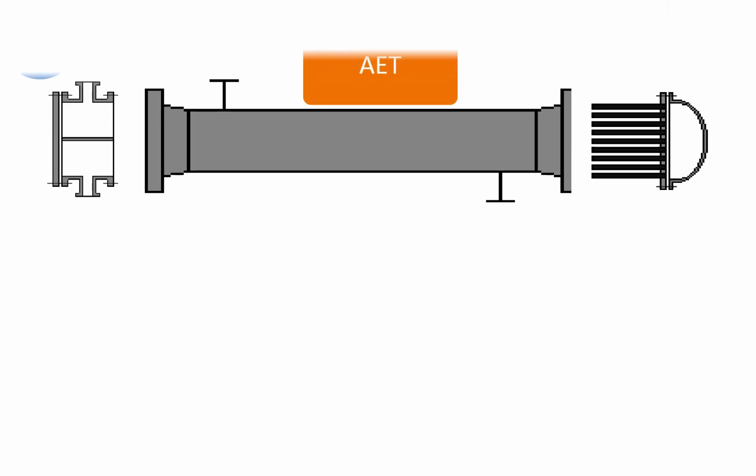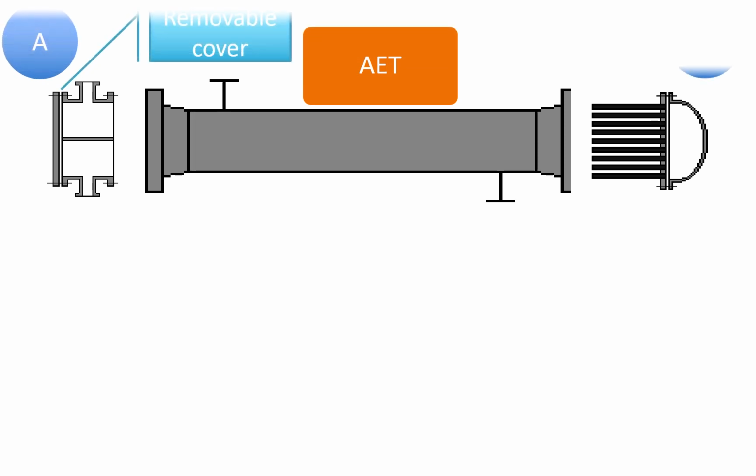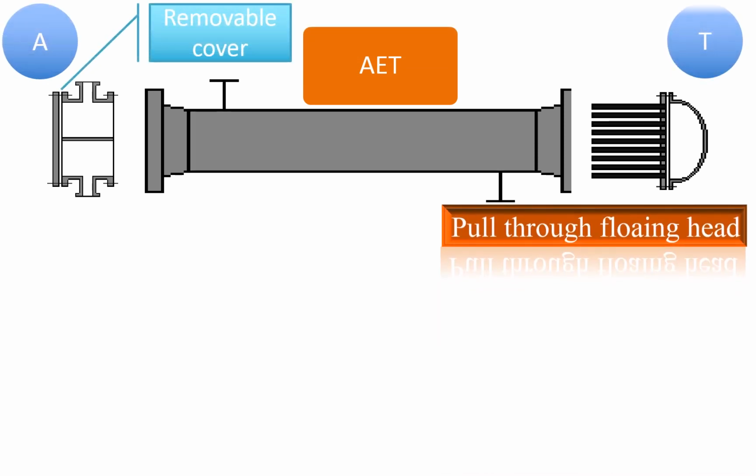Floating heads are important types of heat exchangers in refineries and petrochemical plants for fouling services. When fouling is possible on both tube side and shell side, floating heads are generally preferred. Here you can see two types of heat exchangers shown. Shown at the top is the AET type heat exchanger. The front head is removable.